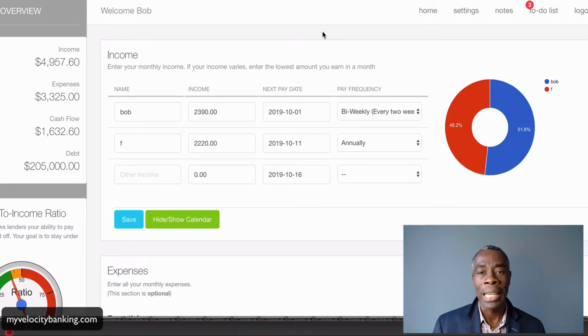All right, so we're going to get into chunking. Chunking is probably the most controversial part of velocity banking because it seems like you're not actually paying anything, that you're just moving money around, but you still owe the same amount of money. But that's not how chunking works. With velocity banking, the concept of chunking is being able to move a loan to a line, and you do that via your debt tool.